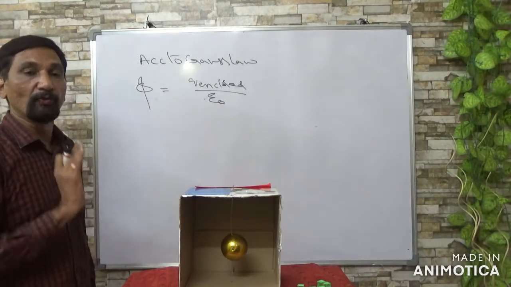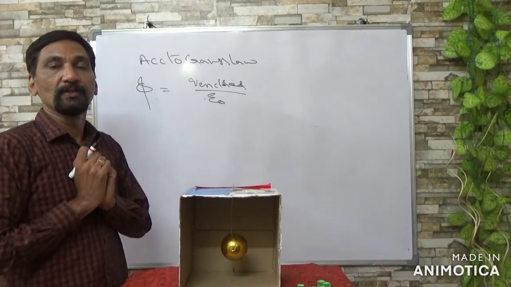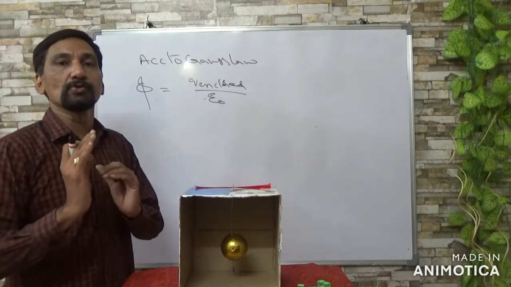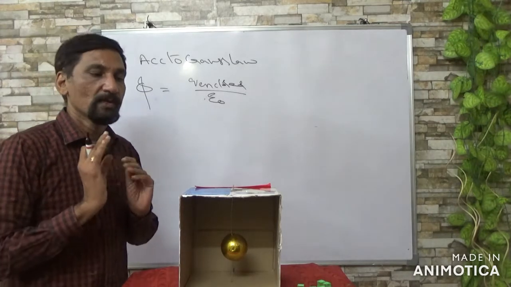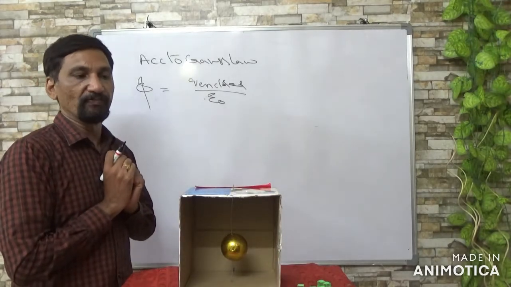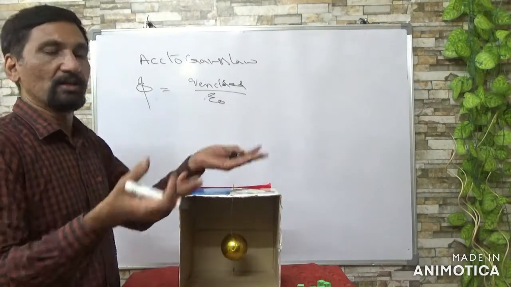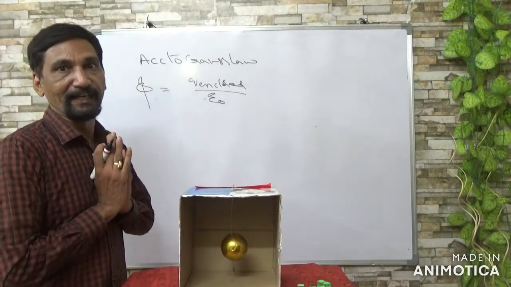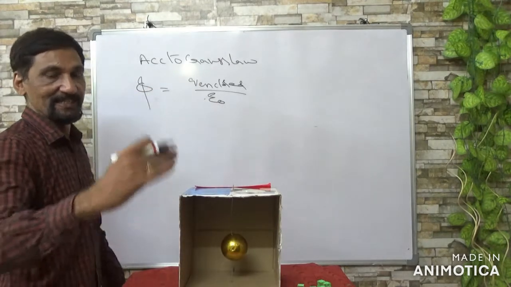But you want to find the flux through only one face of the cube. So how to solve these Gauss related problems? First, the charge must be surrounded by a Gaussian surface. Here the charged body is at the center, so you need not surround it. This has 6 faces, right?